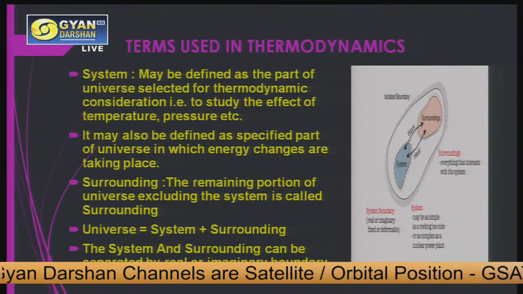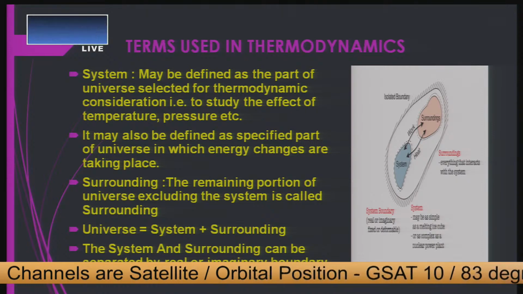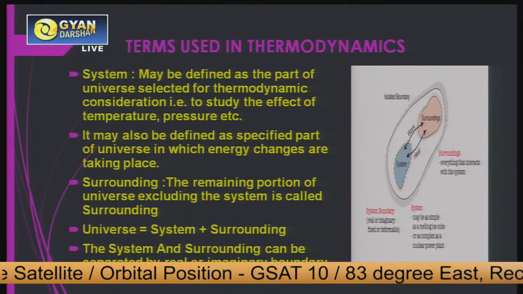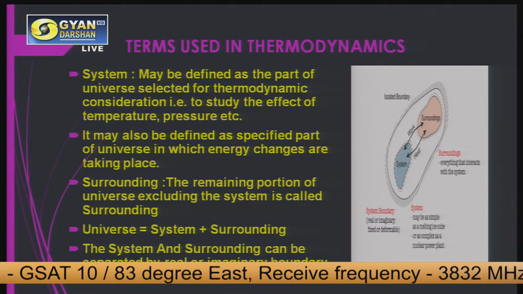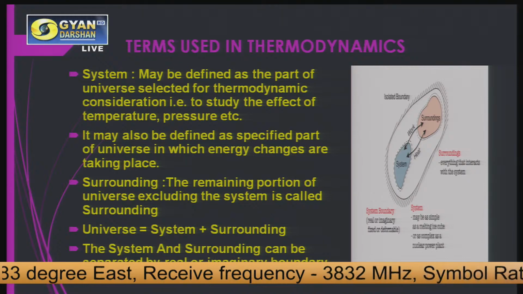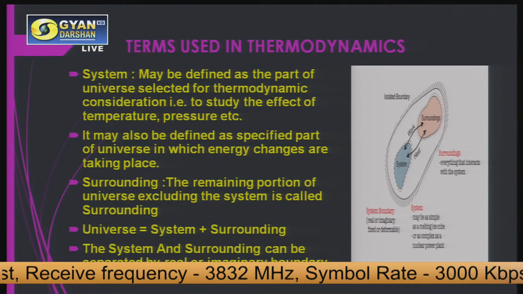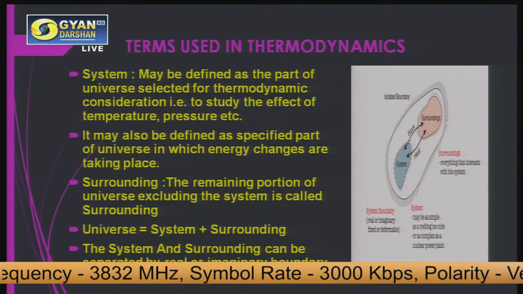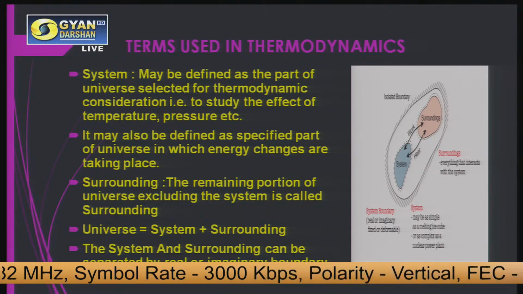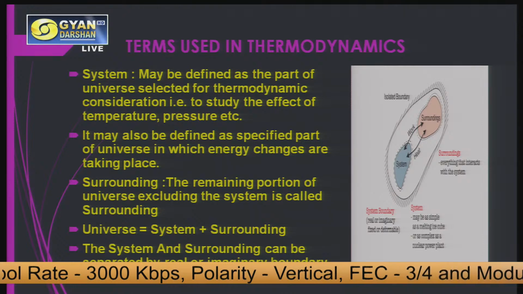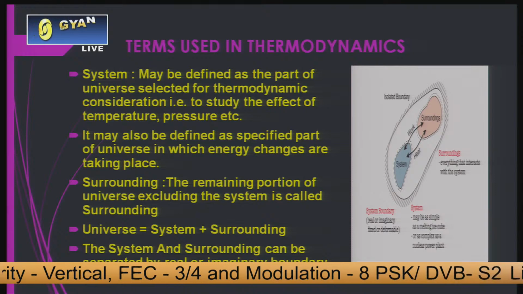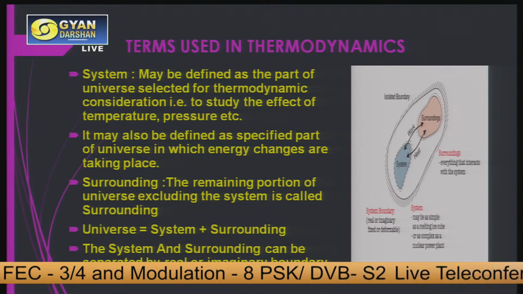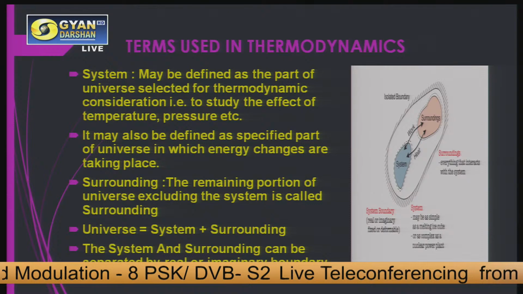and there is a certain boundary. This boundary can be either real or imaginary. Why do we make a boundary? Just to separate that thing where we have to focus, which is known as the system. Whatever is beyond the boundary is known as the surrounding. The control volume or the substance about which we are talking, we call it a system.